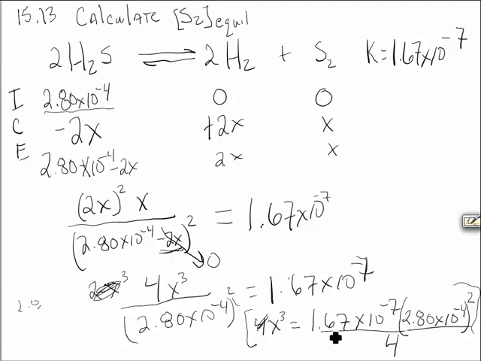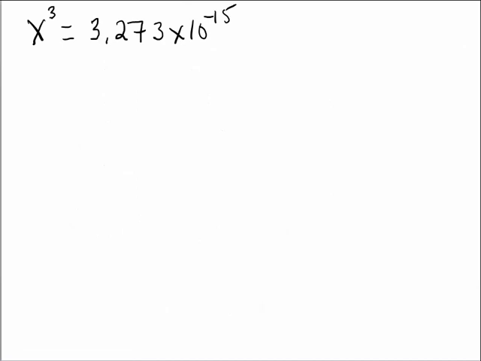Then I'm going to simplify that and put that on the next slide, so you'll see another jump. I have just done the arithmetic: I've squared, multiplied, divided by 4. And now I've got to take the cube root of both sides, which is really what's left to do.